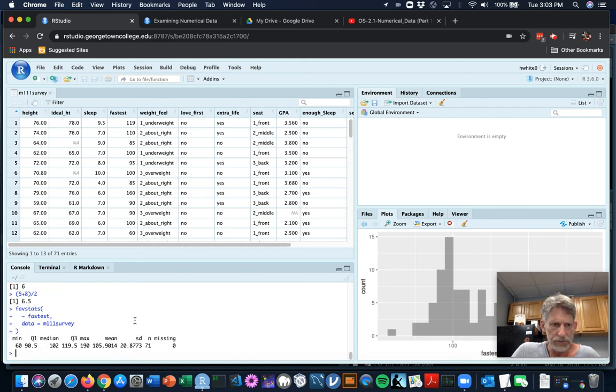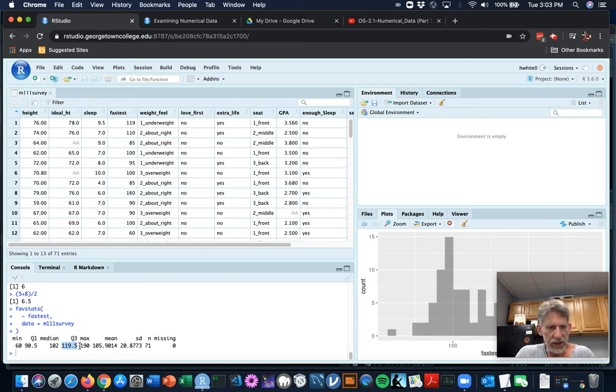And there we go. So we've got the minimum speed that anybody drove was 60 miles an hour. 25% of the people in our data set drove less than 90.5 miles per hour. 50% drove less than 100.2 miles per hour. 75% drove less than 119.5 miles per hour.